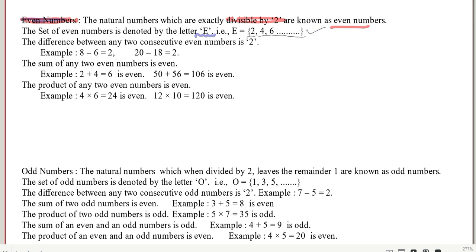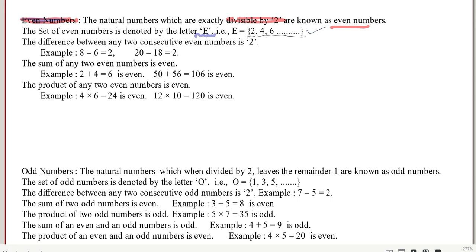And here is an important property related to even numbers. In the case of natural numbers, the difference between two consecutive natural numbers is always 1. In the same manner, the difference between two consecutive whole numbers is 1. But in the case of even numbers, the difference between two consecutive even numbers is always 2.